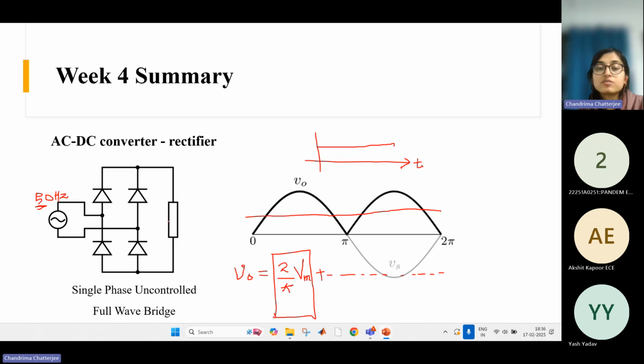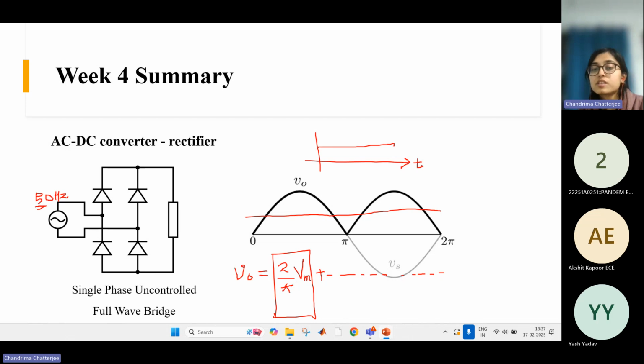Earlier, I was telling you that although we are converting the AC signal to a DC signal with the help of this diode bridge rectifier, we are getting a pulsating DC. There may be some load which requires very stiff DC.